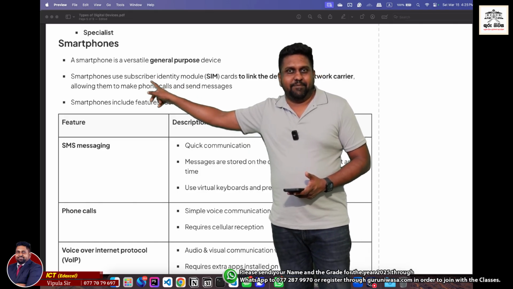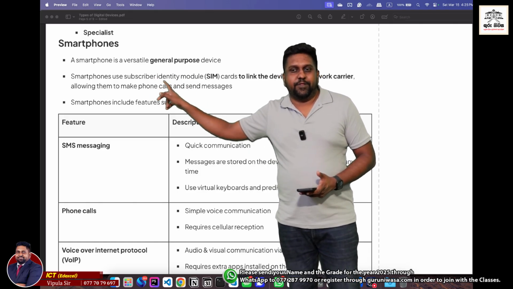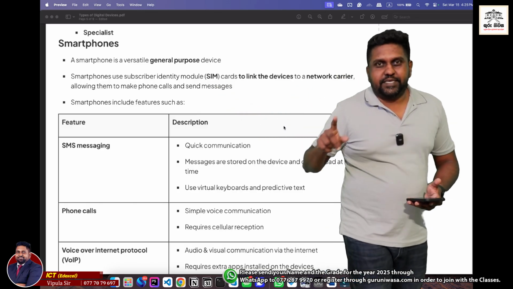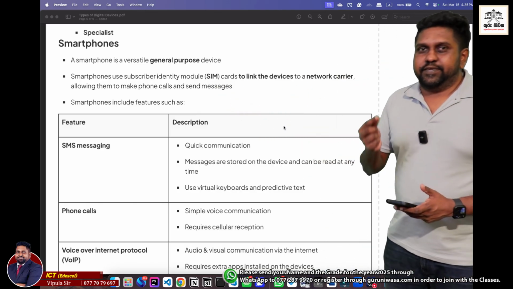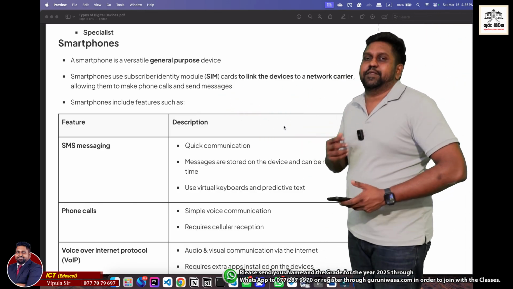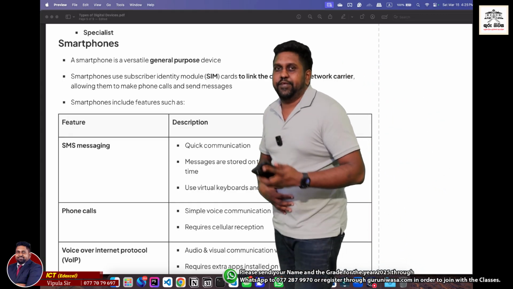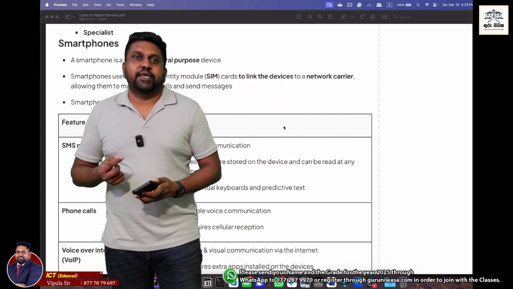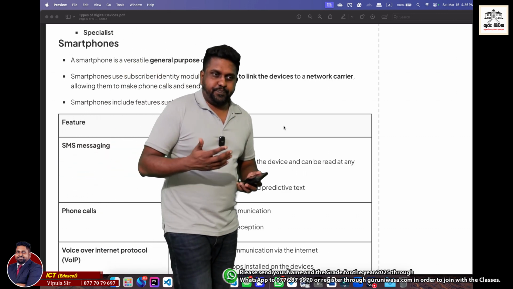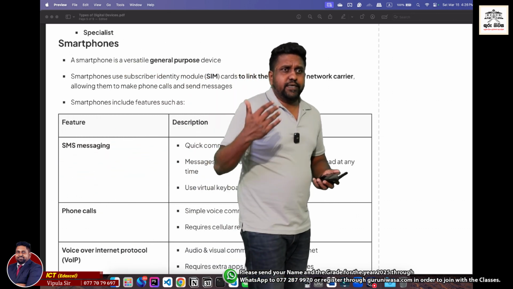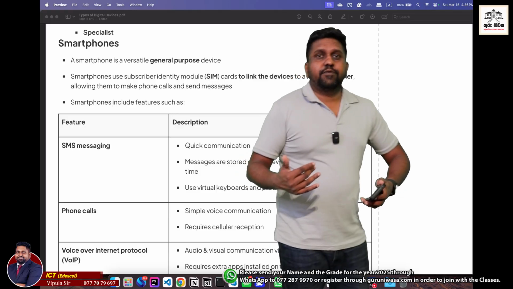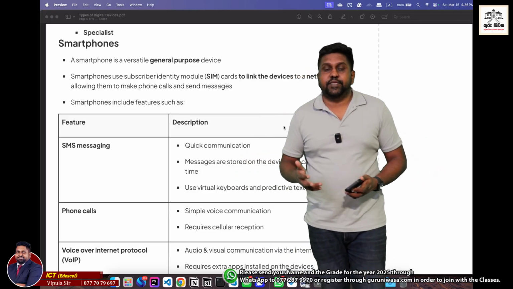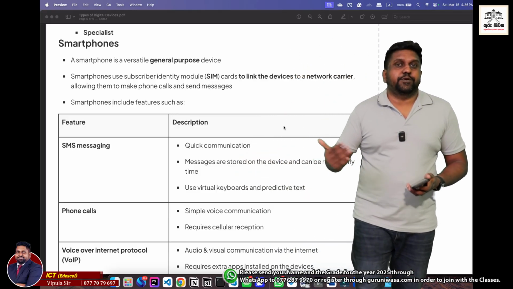This is known as a SIM card, which is the chip that will be put into our devices, and using that chip or small card we get access to whichever network or cellular carrier we are going to use.